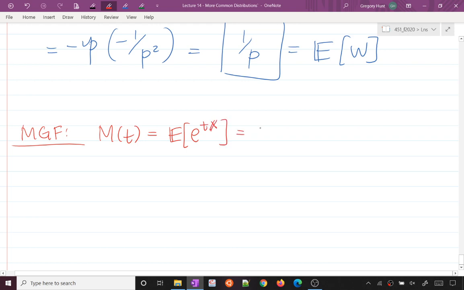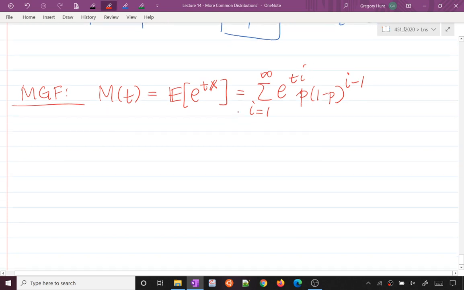In this case, that's the sum. My support goes, let's use i, we've been using i, right? i goes from 1 to infinity. e to the t times i, and then my PMF is p times (1 minus p) to the i minus 1.